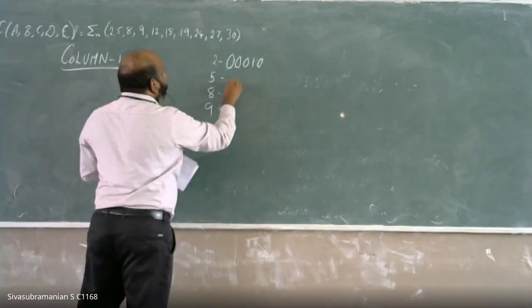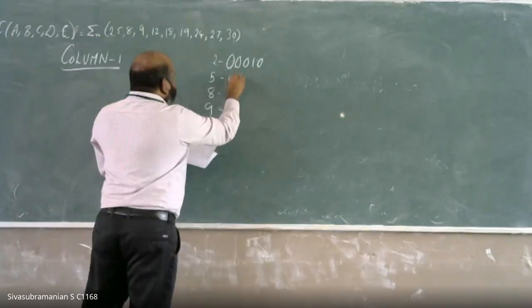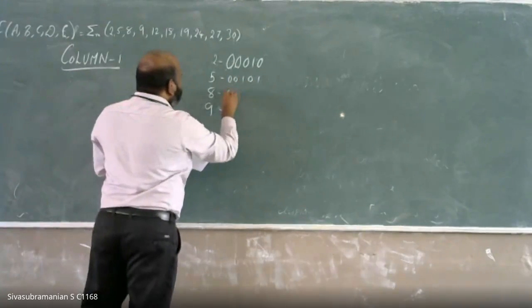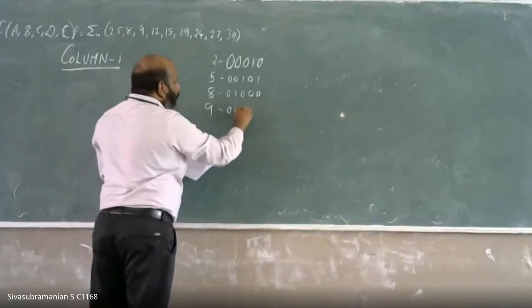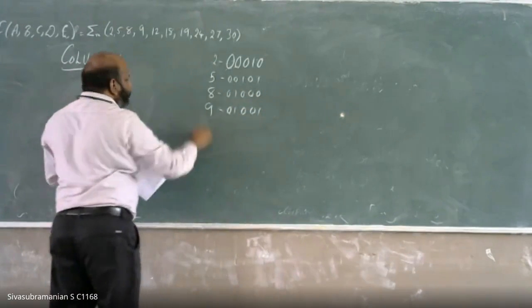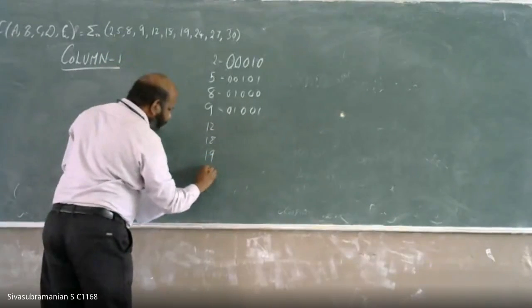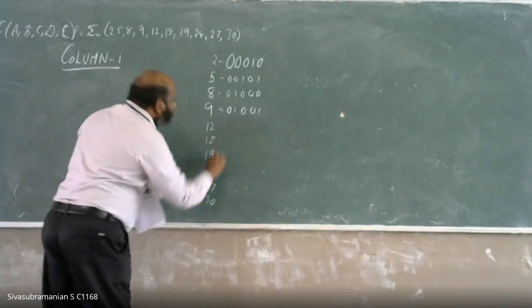So 5 will be 00101 and 8 will be 01000, 9 will be 01001. And then it is 12, 18, 19, 24, 27, and 30.